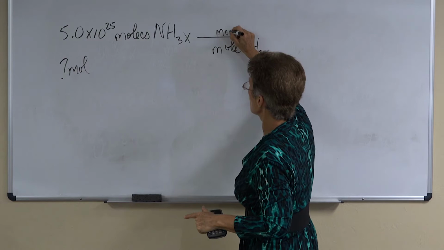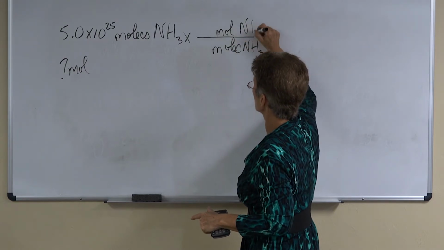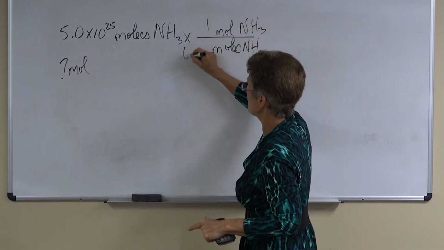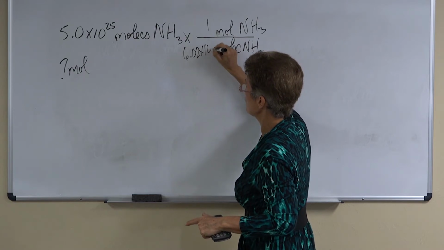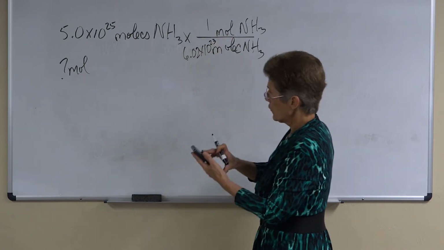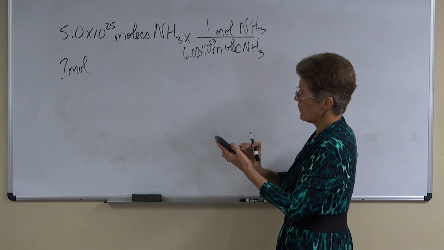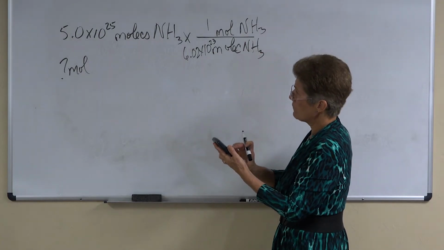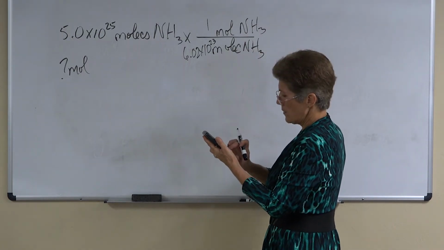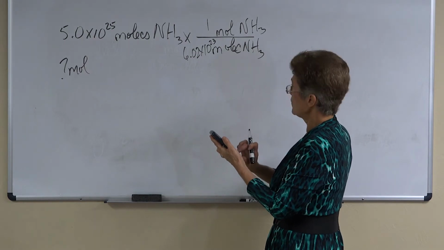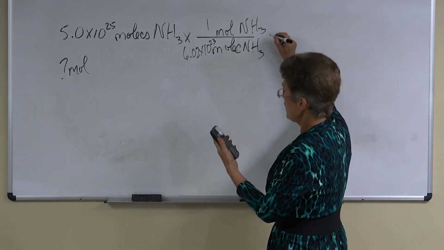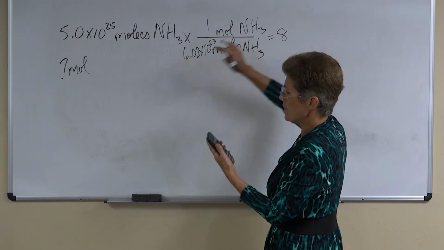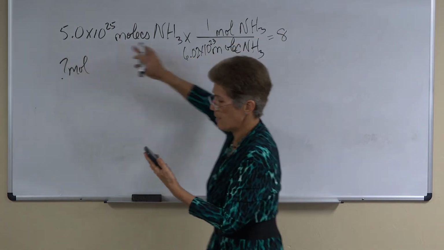And I can get straight from molecules to moles, can't I? I sure can. And every 1 mole, I know there's 6.02 times 10 to the 23rd. So I'm going to take 5 times 10 to the 25th divided by 6.02 EE23 equals, and that gives me in 2 significant figures, right?